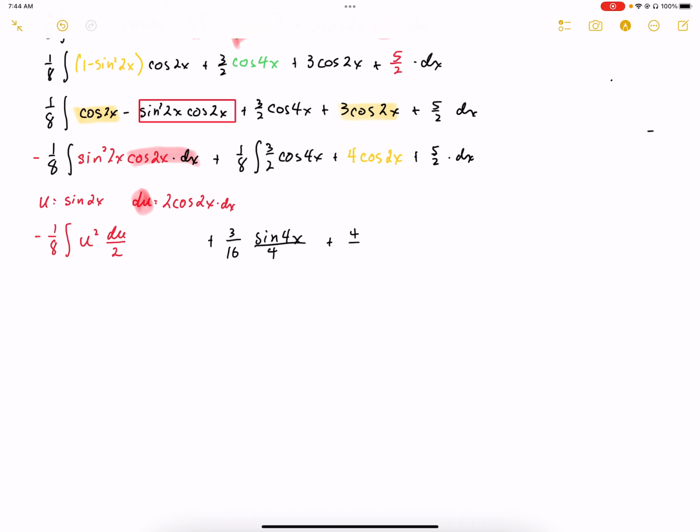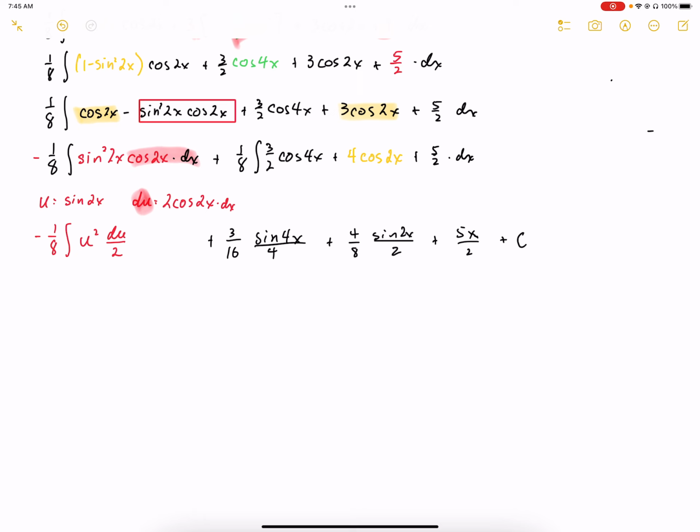So it's going to be 4 over 8 sine of 2x. And then we're going to divide by 2. And then plus 5x over 2 plus c. Okay, so that's all been integrated in black. I just have to deal with the coefficients.